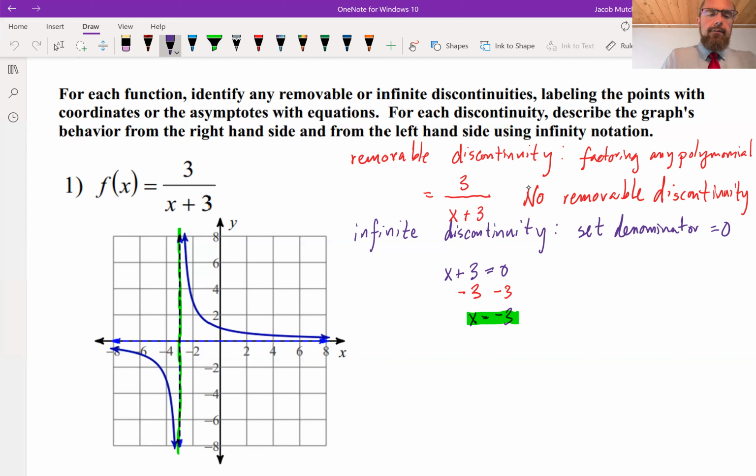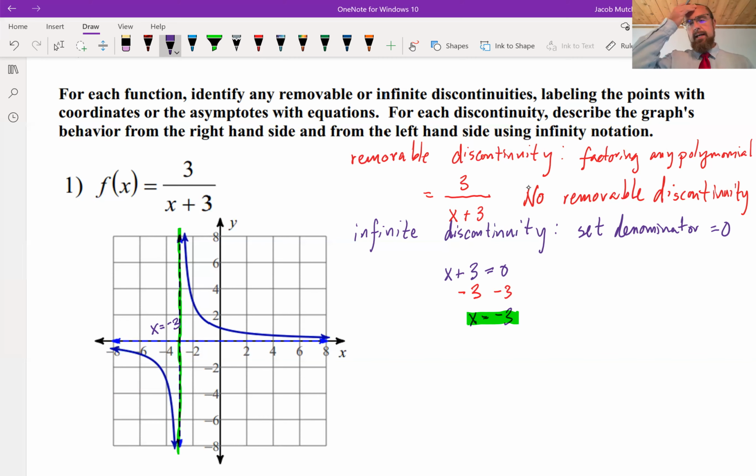And so that definitely is the value -3. So my equation from the denominator matches with what I'm seeing on the graph. So I've labeled the asymptote there to finish that first part. So we've identified and labeled the discontinuities we had. This one has an infinite discontinuity at x equals -3.